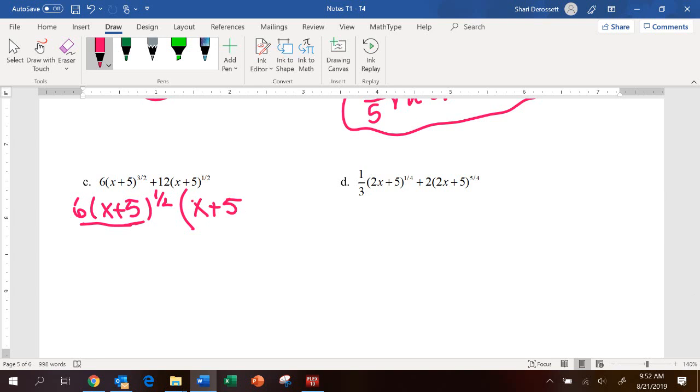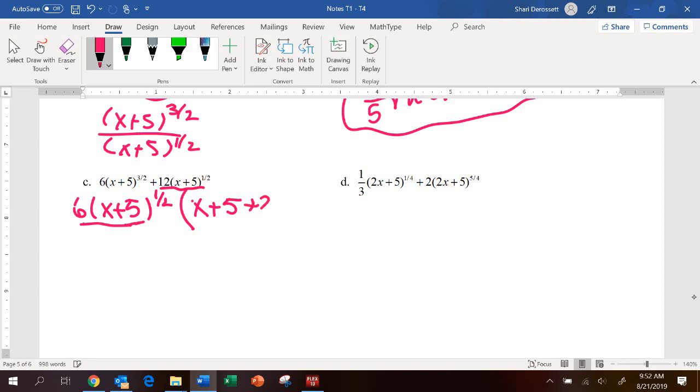Wait, why isn't it? See, it's x plus 5 to the 3 halves divided by x plus 5 to the 1 half. So when my bases are alike, 2 over 2. Yep, and that's to the first power. So my base stays the same, and that's to the first. And then I have this term that's getting divided, so what's that just going to give us?